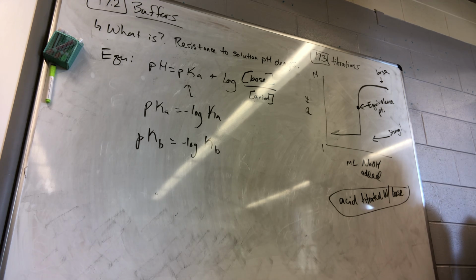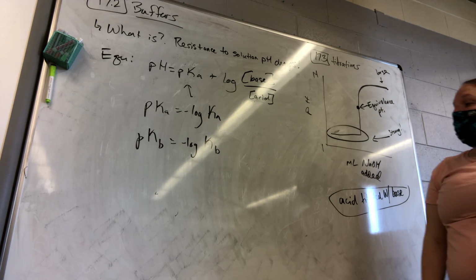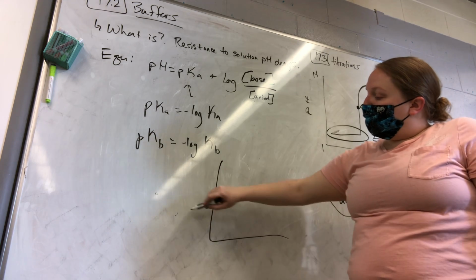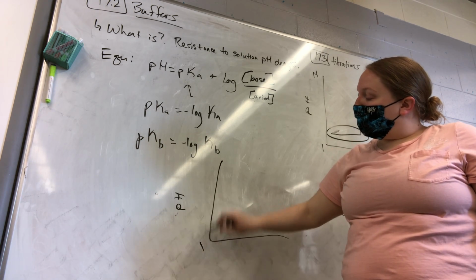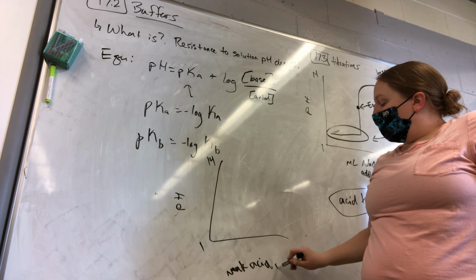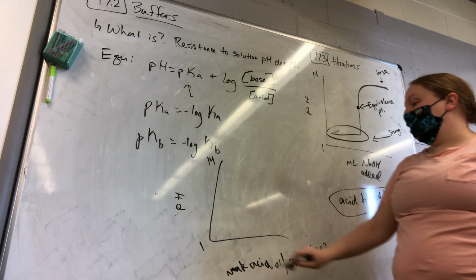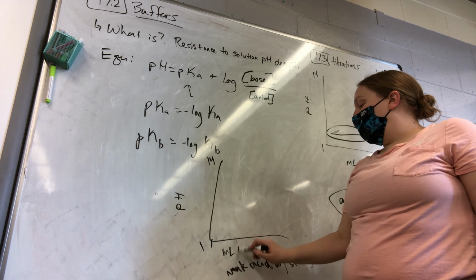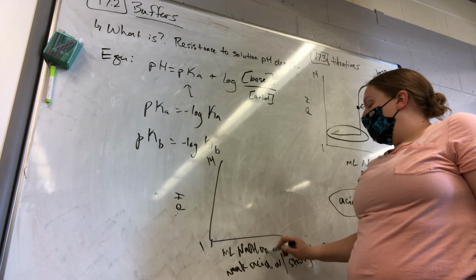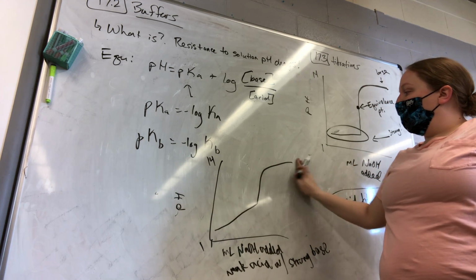The difference between a strong acid, strong base titration and a weak acid, strong base titration is what this looks like. In a weak acid, strong base titration, which is the second of the two that we examined, this kind of went like this before it leveled off.